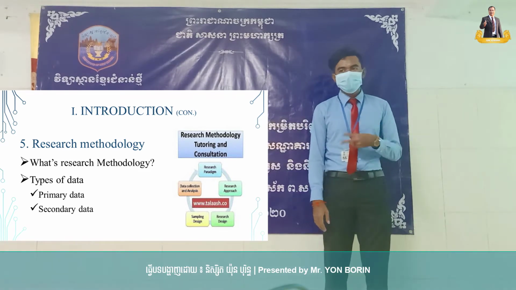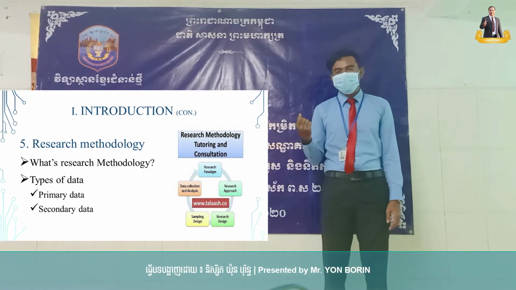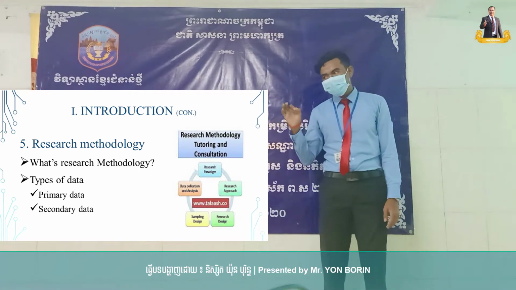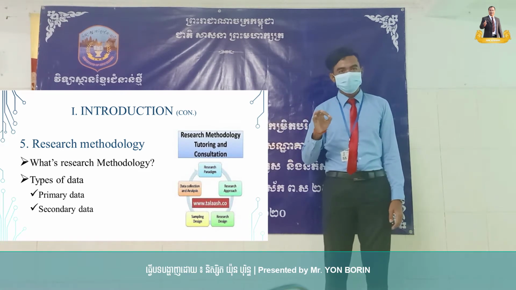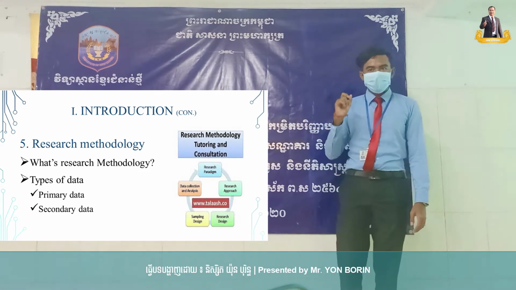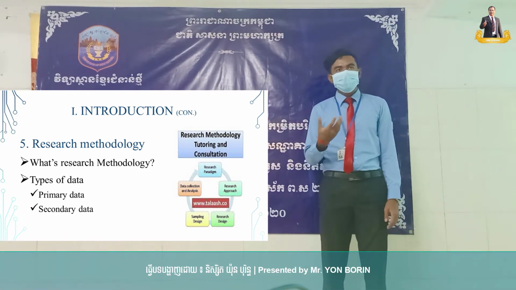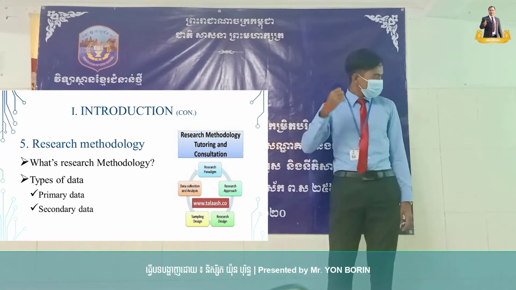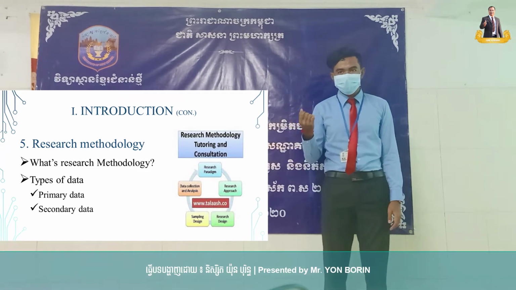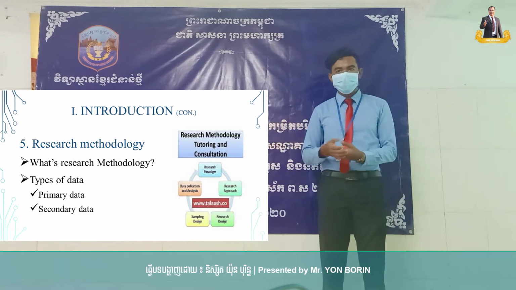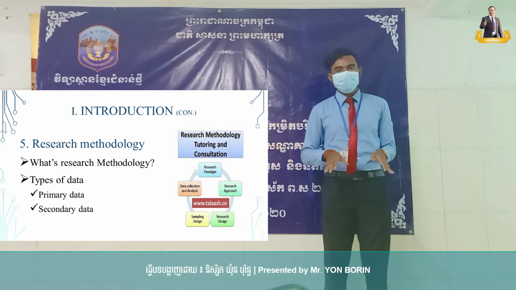Type of data has two. One is primary data. Primary data is the data that we can get from the research question, like the questionnaire, the interview, observation, or experiment. And secondary data is the data that we can get from the library, book, magazine, newspaper, and other reports.